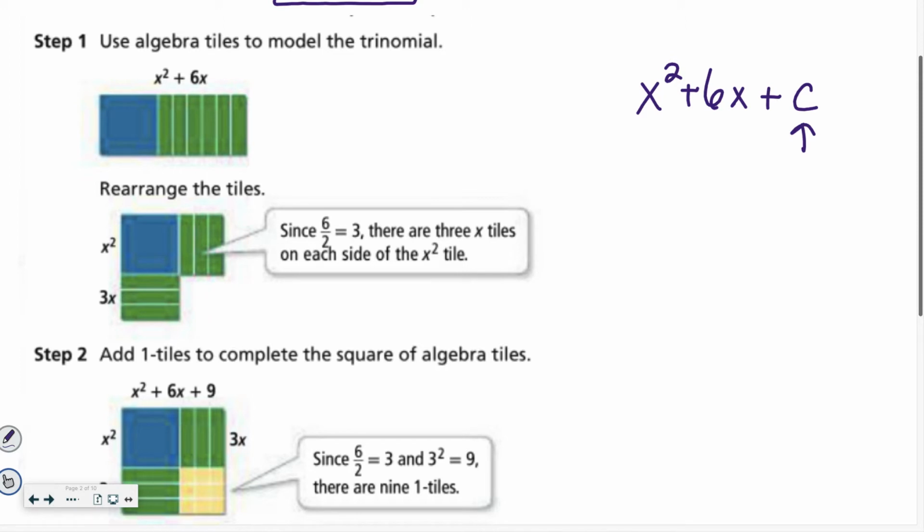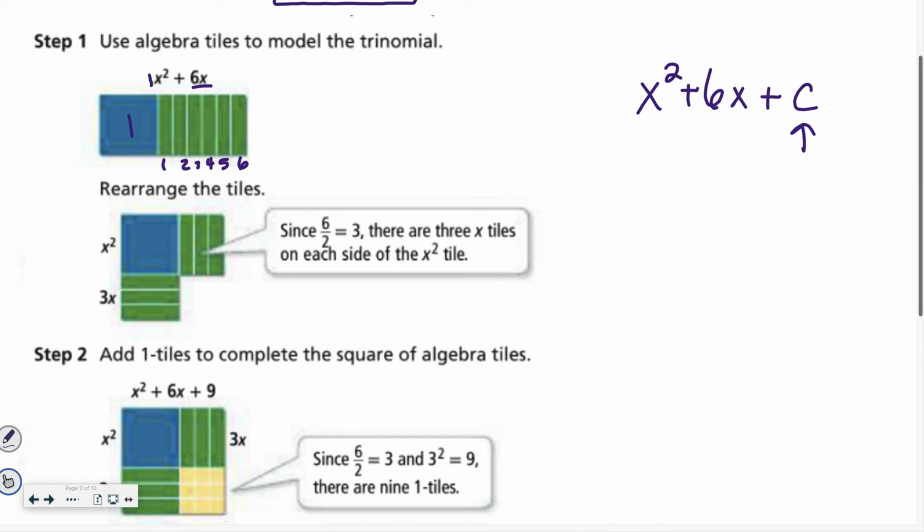If we use algebra tiles, the blue square is represented by x squared, and the x's are represented by those green strips. You can see there are 1, 2, 3, 4, 5, 6 of them to represent the 6x. And there's one x squared.